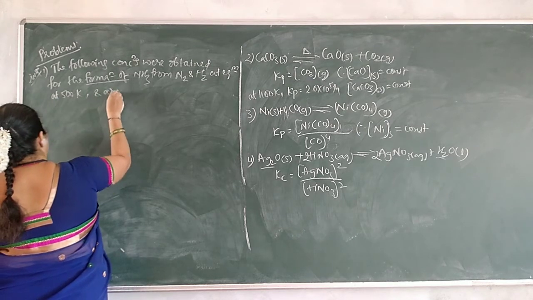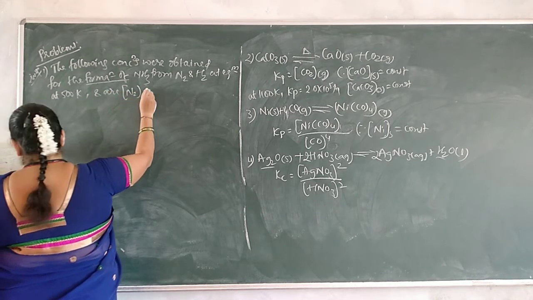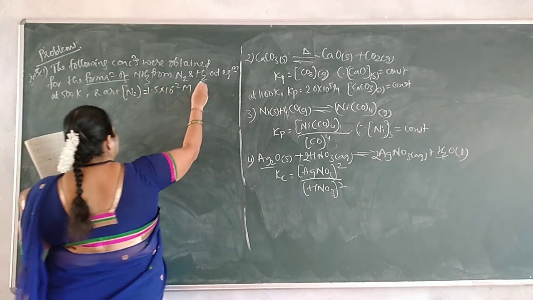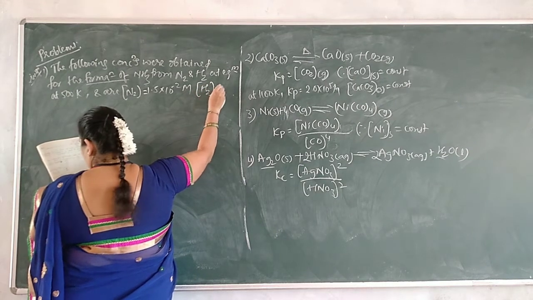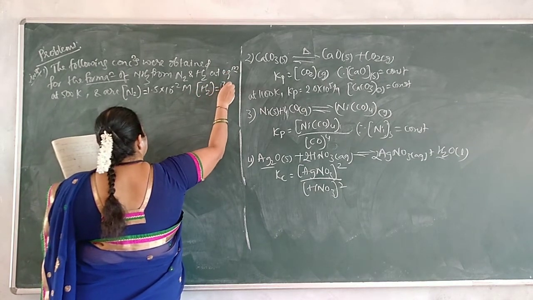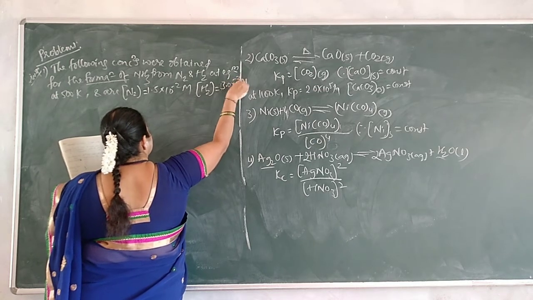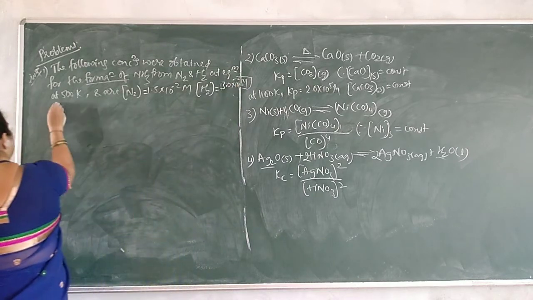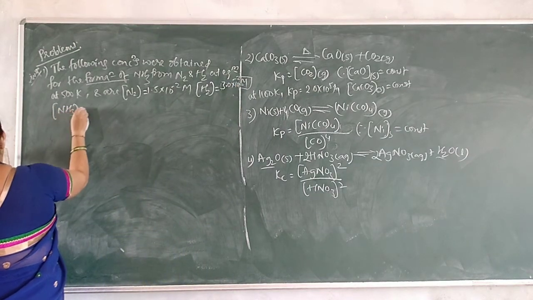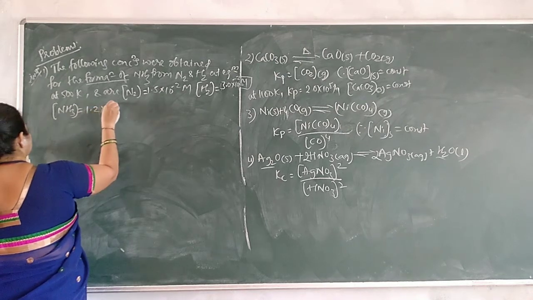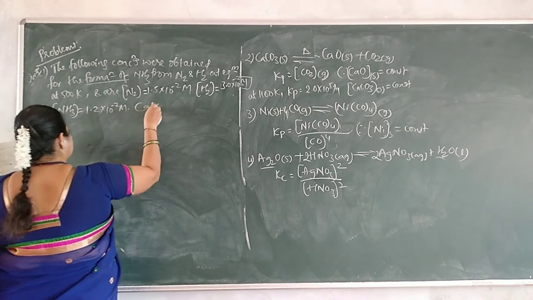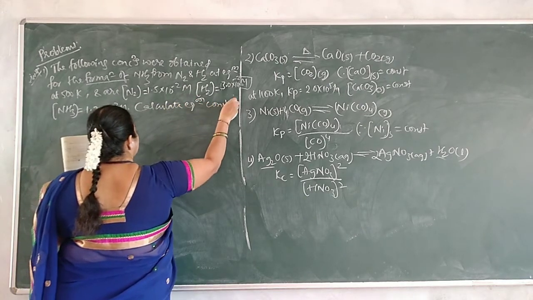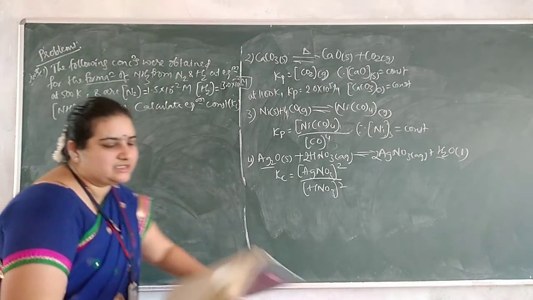The concentration of N2 is equal to 1.5 into 10 raised to minus 2 M. The concentration of H2 is equal to 3.0 into 10 raised to minus 2 M. The concentration of NH3 is equal to 1.2 into 10 raised to minus 2 M. Calculate the equilibrium constant Kc.